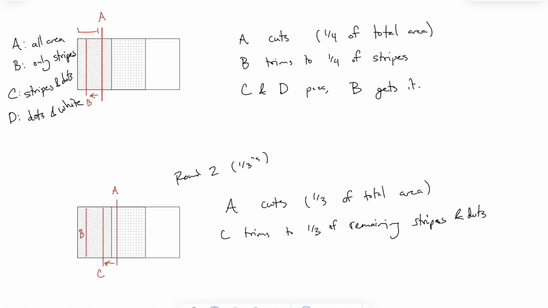Now that piece represents 1/3 of the remaining area of stripes and dots. That's what I was trying to draw with that piece. Maybe it should be a little bigger than I drew it. Whatever. All right. What about D? Does D like the piece now? I think the answer is no. D only likes the white and the dots. So D passes on that and C gets it.